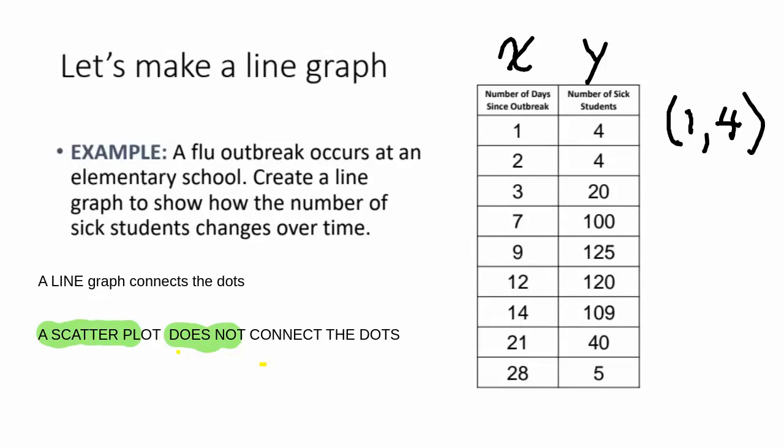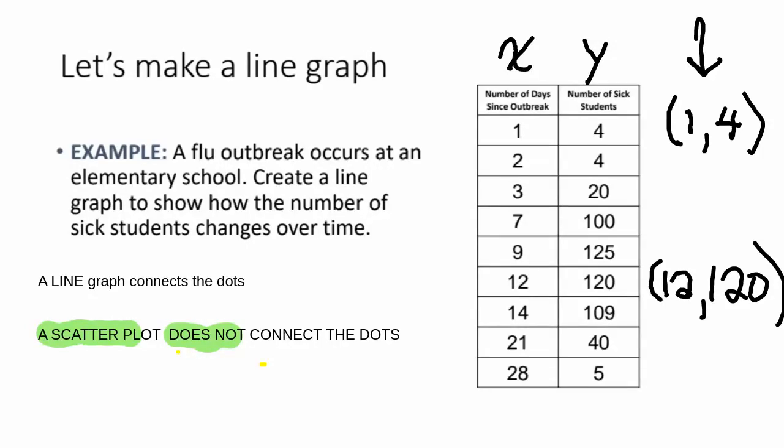That's what this table on the first row is telling me. When I go to graph it, on the Cartesian plane, I am going right and then up. Same thing with, if I scroll down a little further, I have 12 to 120. These are ordered pairs that represent what's in the table. And it's because the first column is our X number, our second column is our Y number.